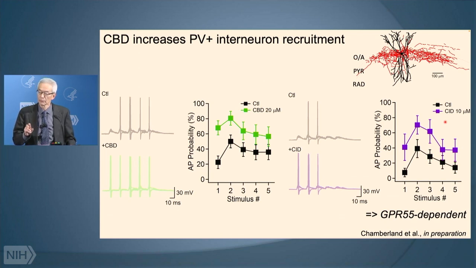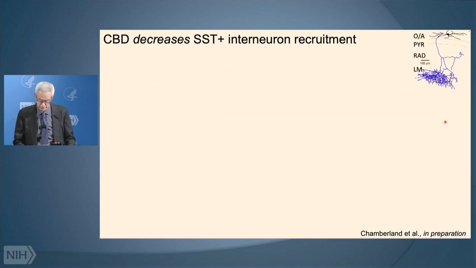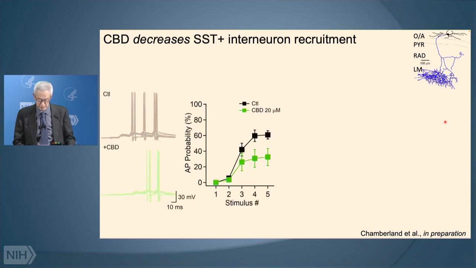So now we have an effect of CBD on the inhibitory neuron itself, not only on the inhibitory neuron, but the very inhibitory neuron that is most strategically located and placed in the circuit to quell action potential propagation. How about SST neurons?